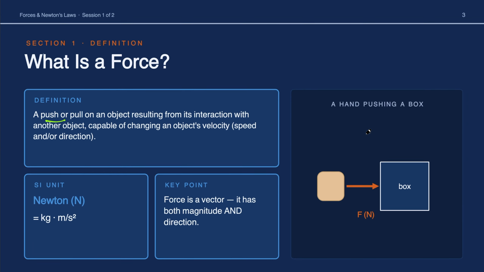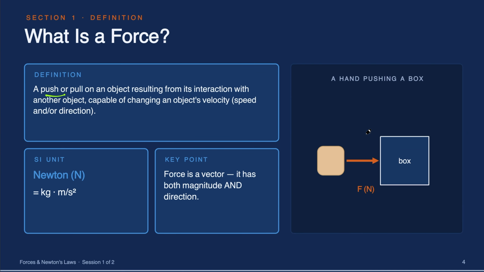What is a force? A force is defined as a push or pull on an object resulting from its interaction with another object. Something important to remember is an object cannot exert a self-force, or a force on itself.